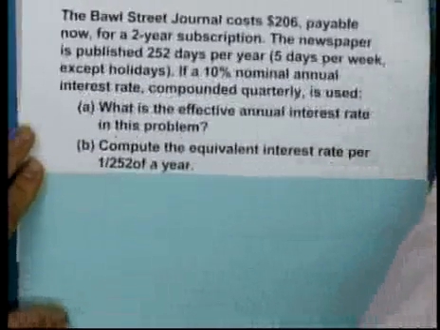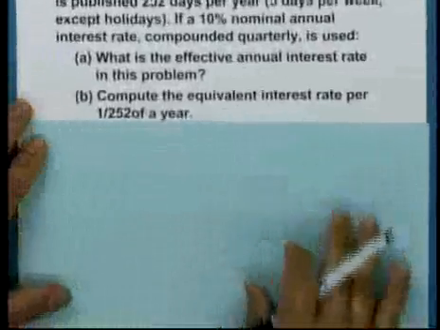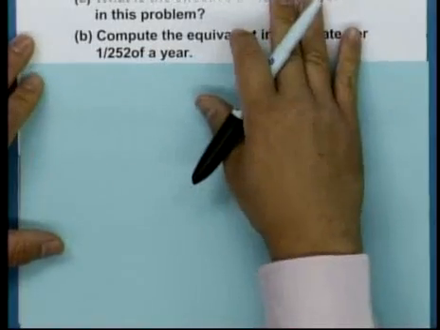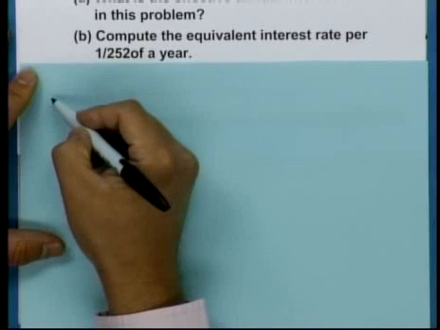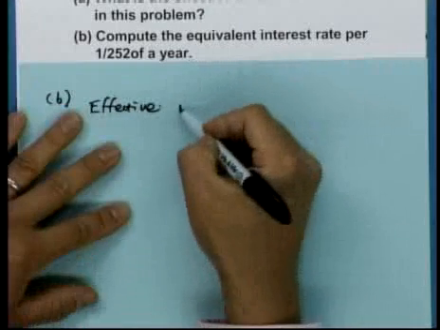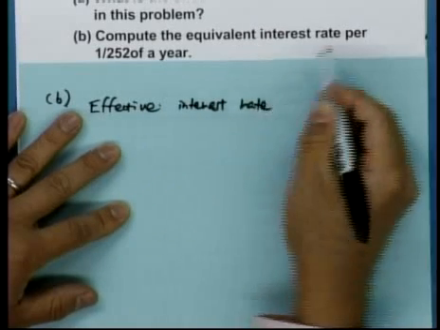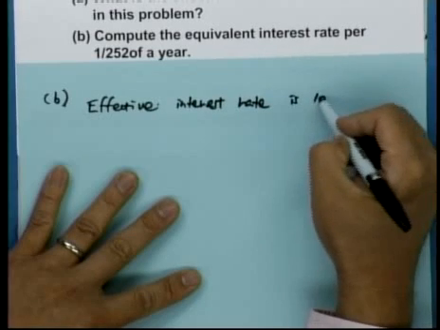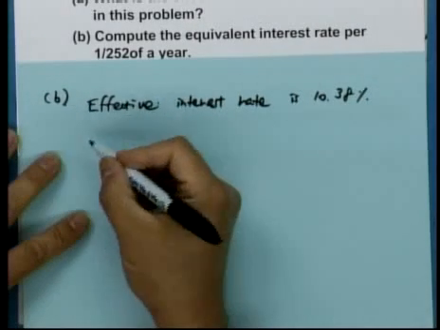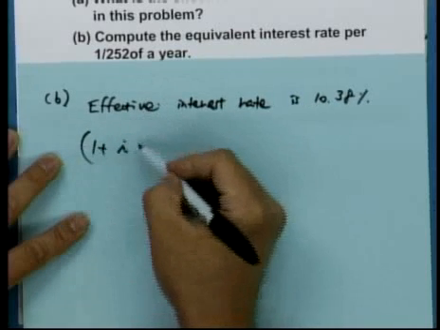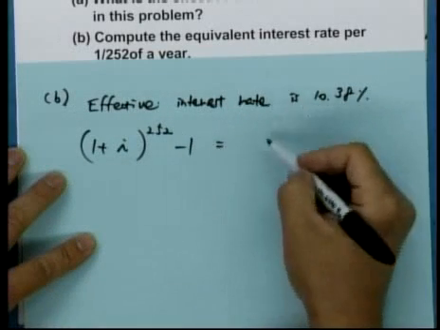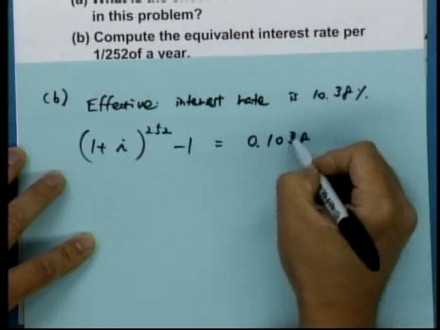Okay, so here we are working on Part B. We know that the effective interest rate is 10.38% from Part A. So here, 1 plus I to the power 252 days minus 1 would be 0.1038, right?